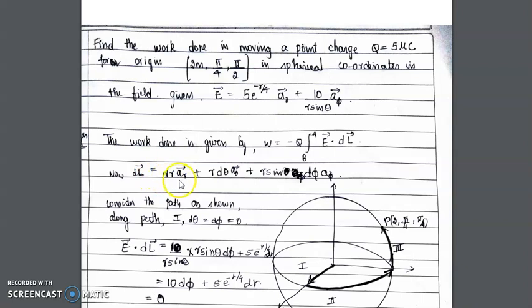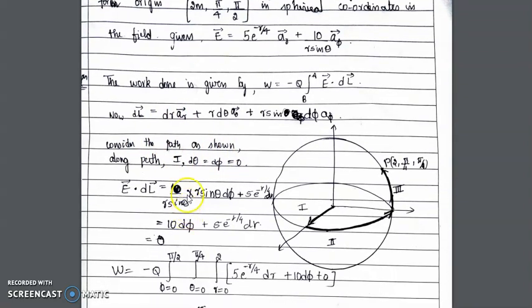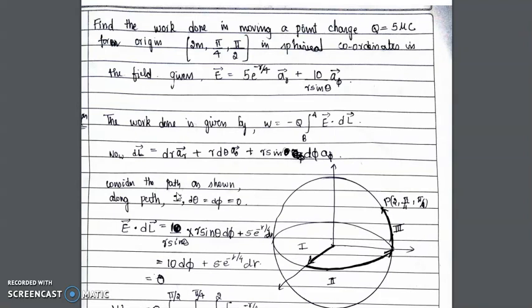Now if you substitute in the place of E dot dl, if you find the dot product between E and dl, you know that E has 10 by r sin theta as the phi component, and 5 e^(-r/4) as the r component.